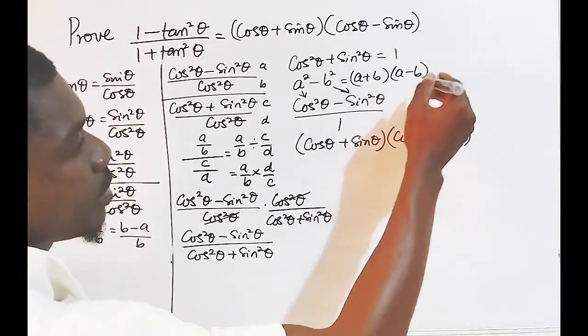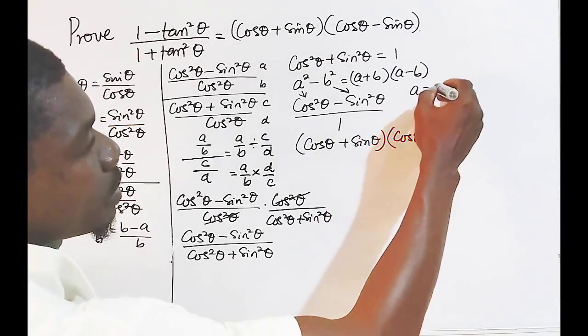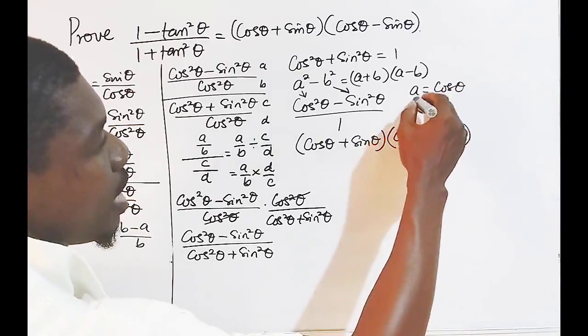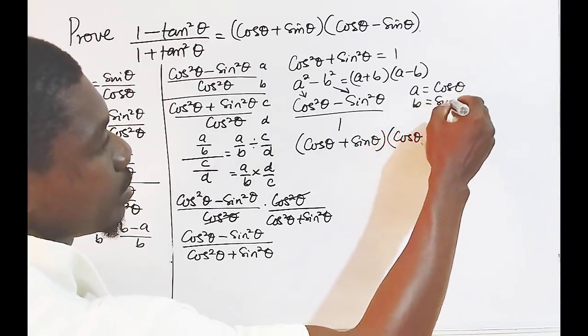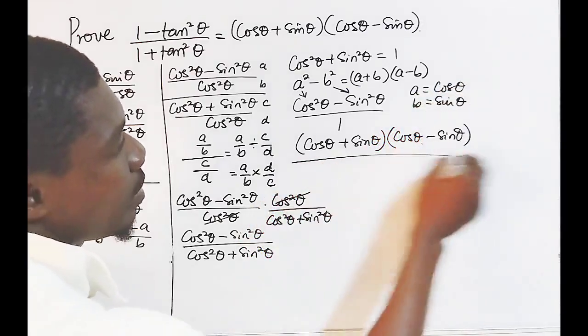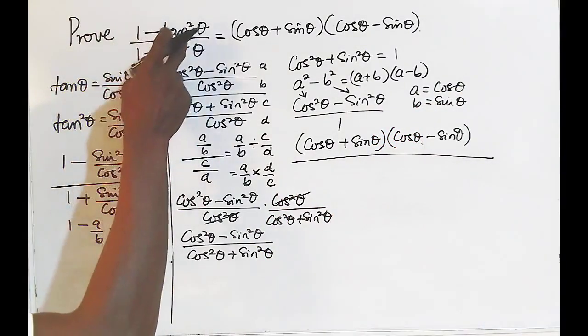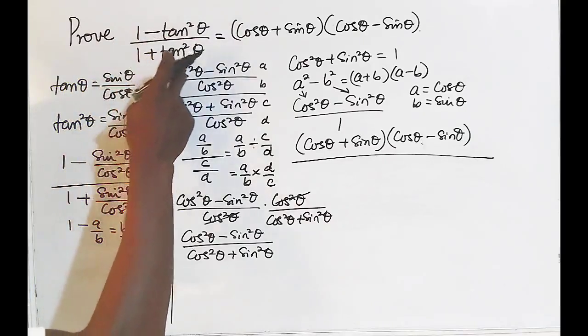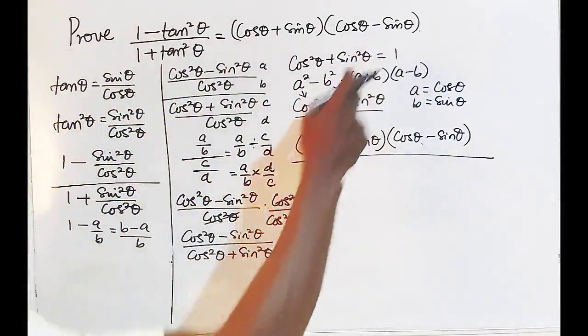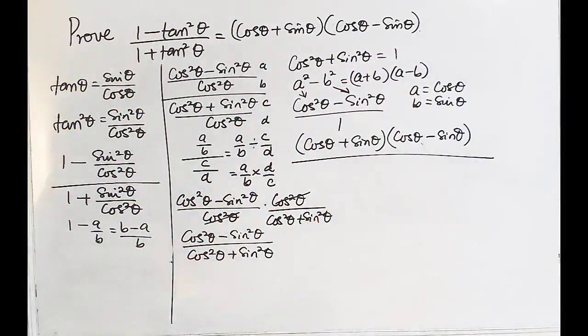This is where we make a equal cosθ and b equal sinθ. You can see that we've just proven that (1 minus tan²θ) over (1 plus tan²θ) equals this expression, which is similar to this. Alright, that is the solution.